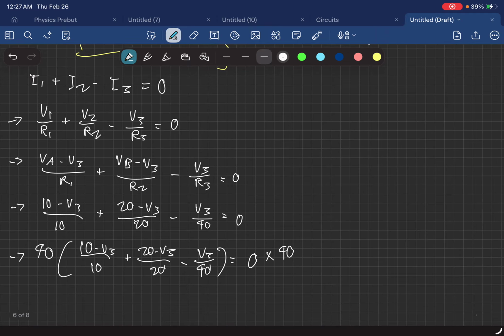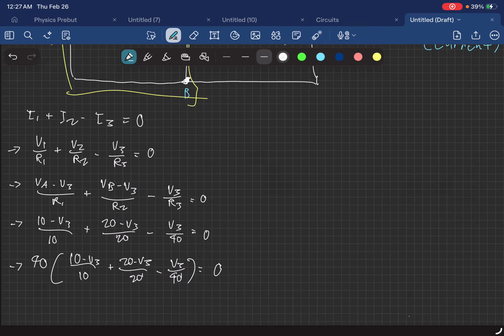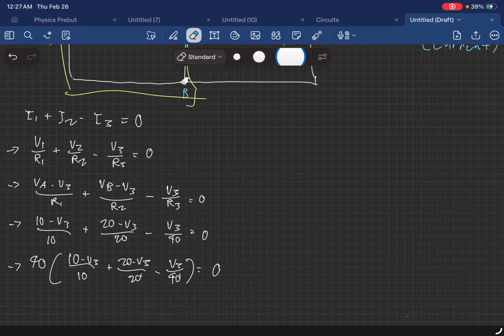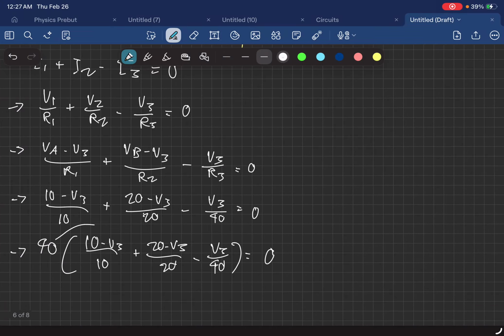Remember, whatever you do on one side, you do on the other side, but this is 0, so it's just going to be 0. We distribute the 40. We cancel out this 40 because 40 over 40 cancels out, so we're just left with V3.